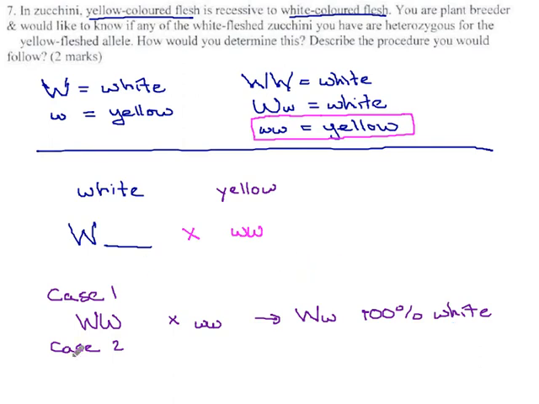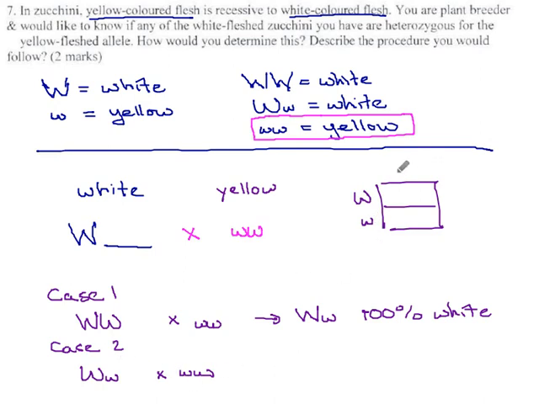The other possibility is if this plant is big W, little w, and we cross that with little w, I'll do the Punnett square real fast. And just kidding, it won't be a Punnett square, it'll be a Punnett rectangle. This parent will produce some big W's, some little w's.